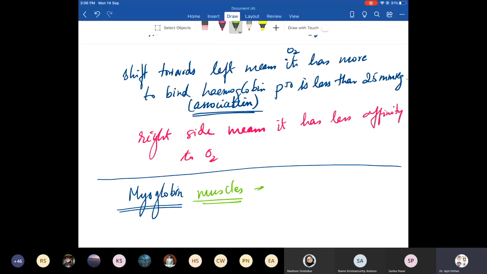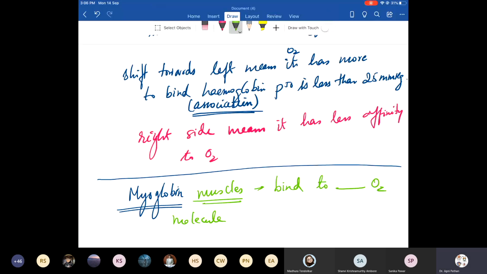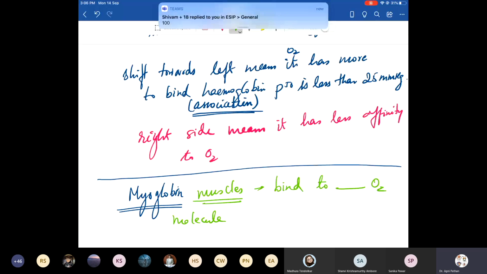Do you know how many molecules it binds to? It has the same function. It carries oxygen also. So it binds to how many oxygen molecules, like hemoglobin? Very important question. Sanika says 4, Sakshi says 2, Amol says 4. What about others?